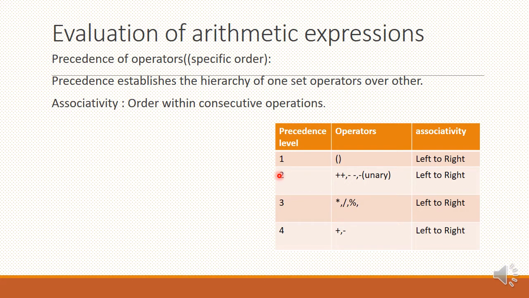They are called unary minus and unary plus. If an expression contains more than one operator, for example 3 plus 4 into 5, then which operator is to be executed first? For that there is a rule called the precedence of the operator.